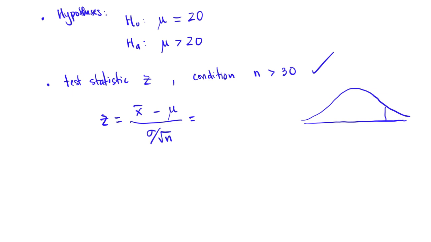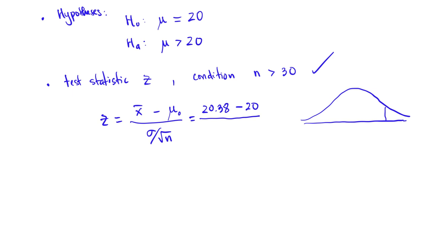X bar is the sample mean 20.38. Mu is the null hypothesis value. Technically, it is mu sub 0, but remember, mu sub 0 is the numerical value here, which is mu. Mu equals mu naught. And so mu naught is 20.